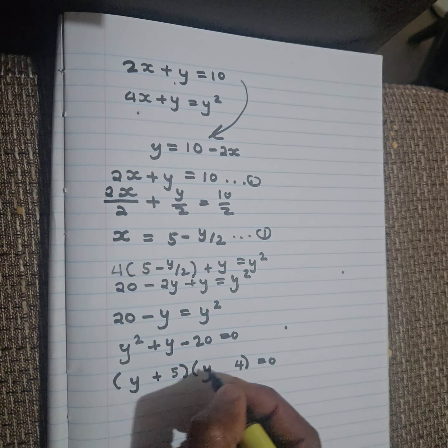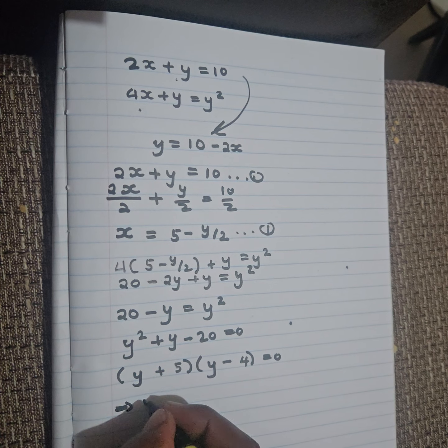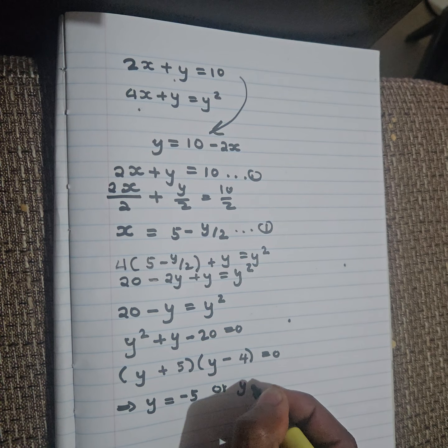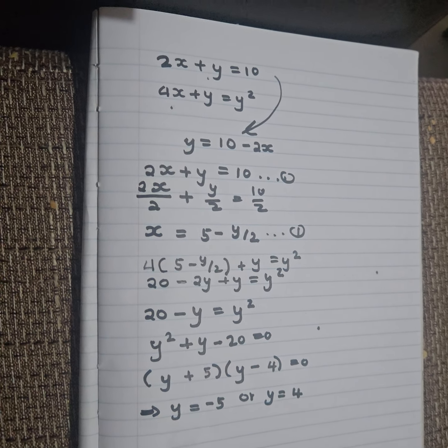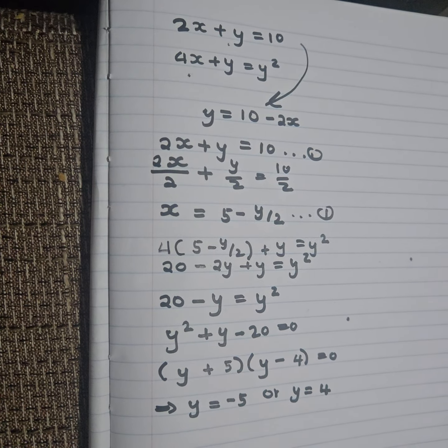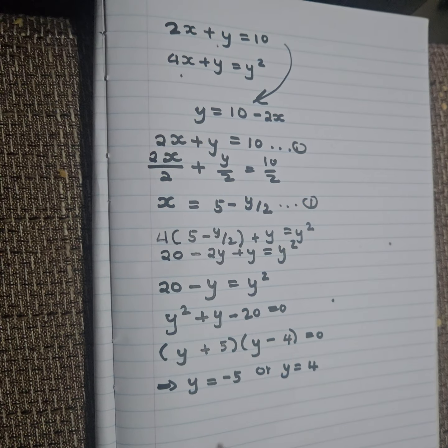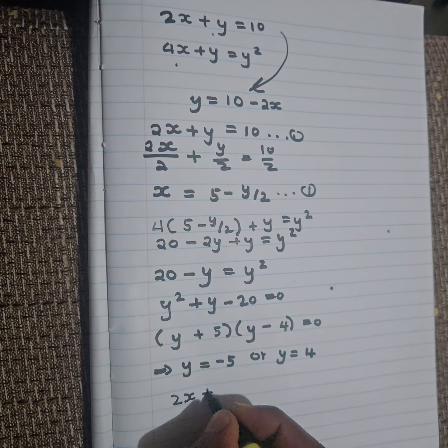And then in this case, this implies that your y will be equal to negative 5, or your y will be equal to 4. Then you've solved for y. So now that you've solved for y, you go back to the first equation, the simpler one, right? Then it's 2x plus y.